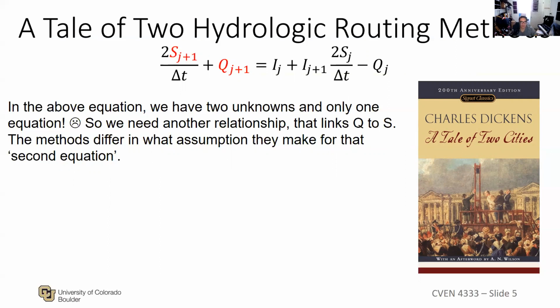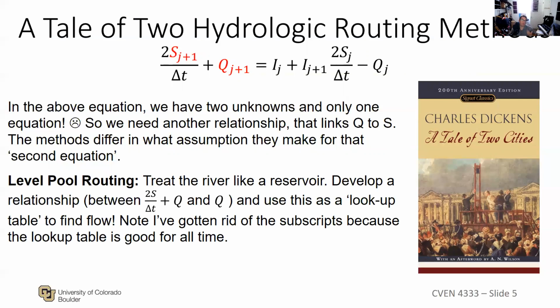To parse this out, level pool routing is an approach where you develop a relationship between the 2S over delta t plus Q and Q. I've removed the subscripts here at the bottom because this ends up being a lookup table that is valid for all time.